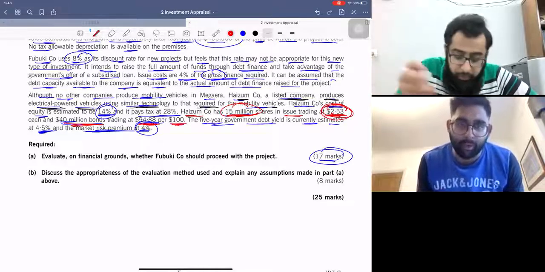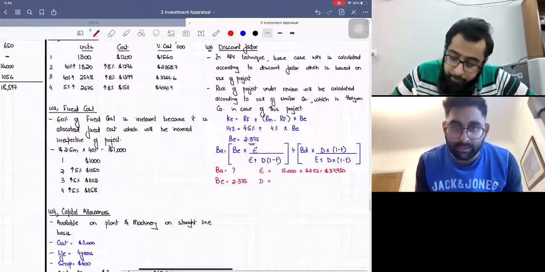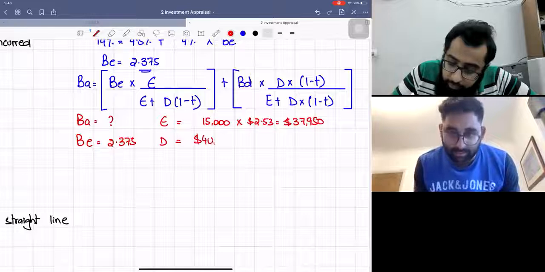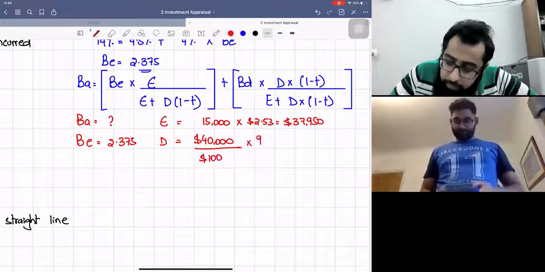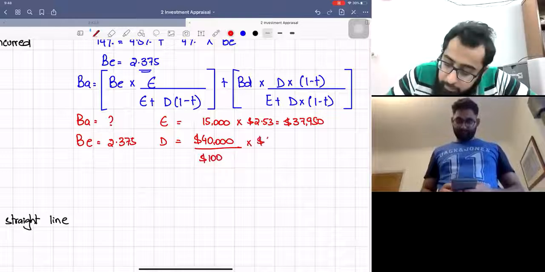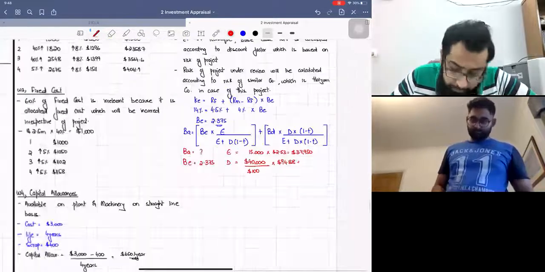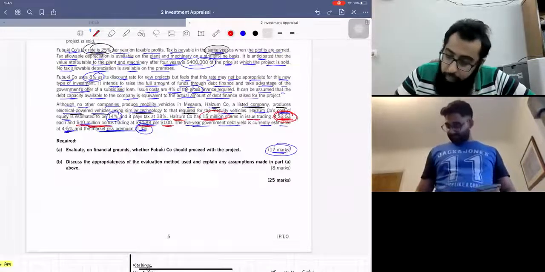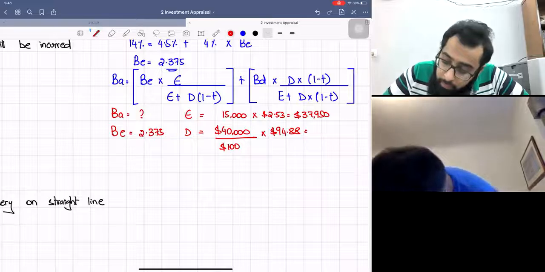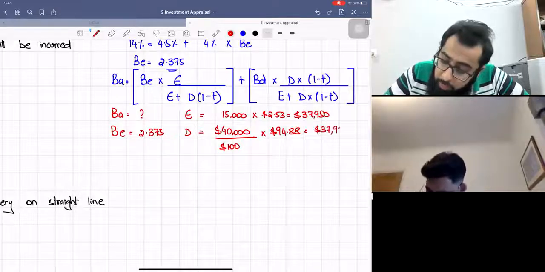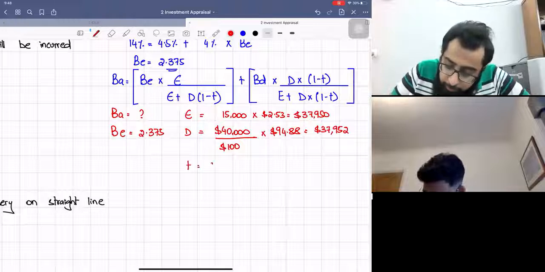The $40 million bond is at par value. 40,000 divided by $100 multiplied by 94.88. So how much? 37,952. The rate of tax is 25%.